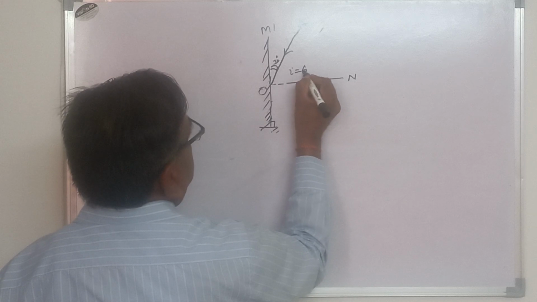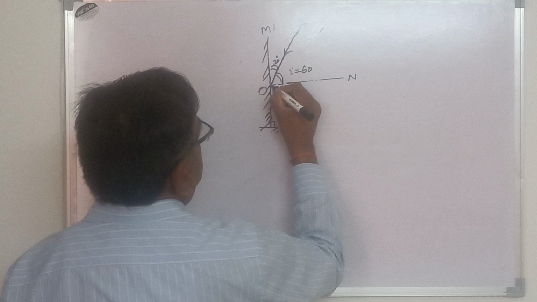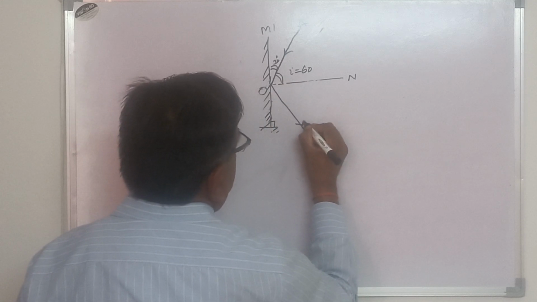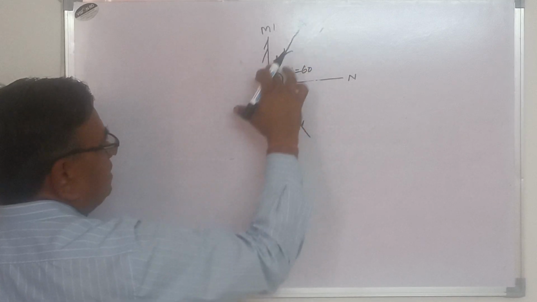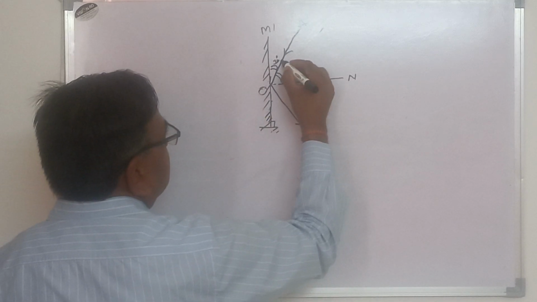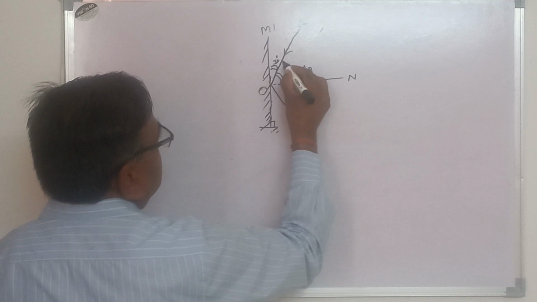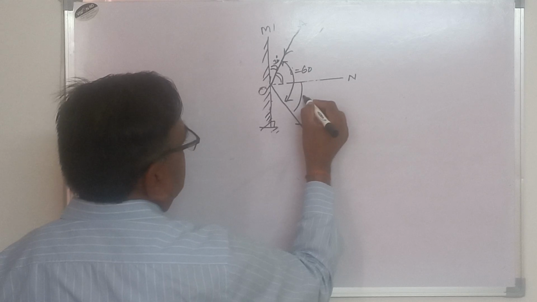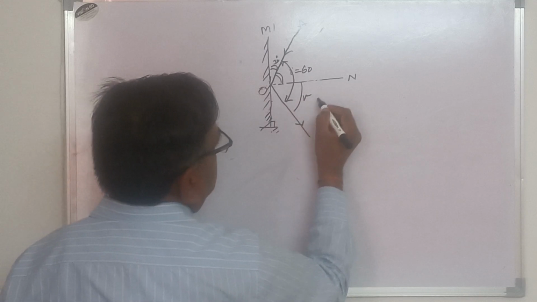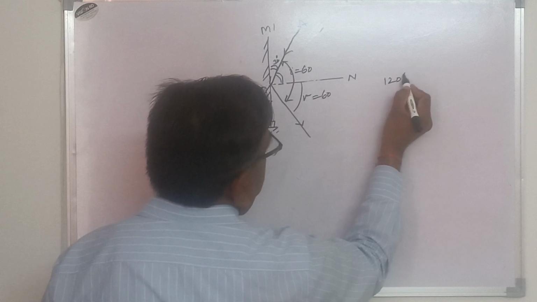I is equal to 60. This is 60. So this will be the reflected ray. He wants to know the total angle between incident ray and reflected ray. He is asking this angle. Between these, which angles are there? There are two. This is I, this is R. I is 60, R is 60, law of reflection. Total angle 120 degree.